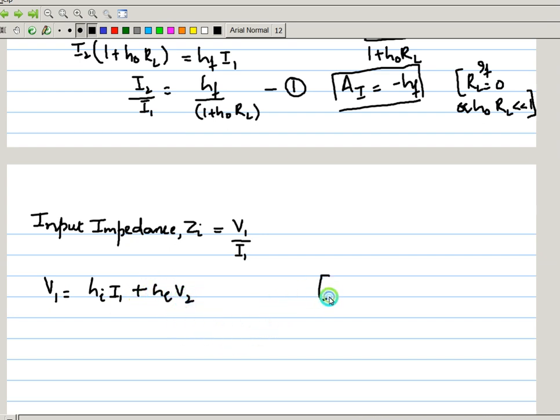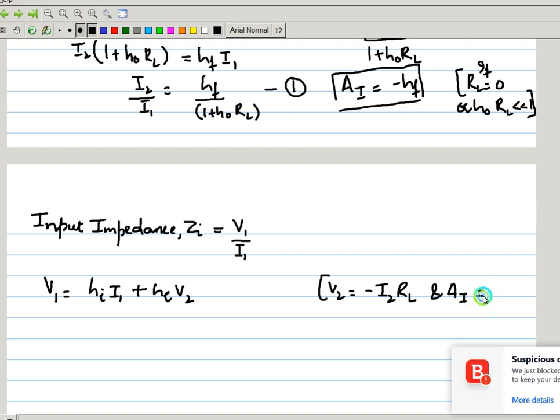Alright, now we also know from the previous equation that V2 is equivalent to minus I2 into RL. Also we can write Ai is equal to minus I2 by I1.